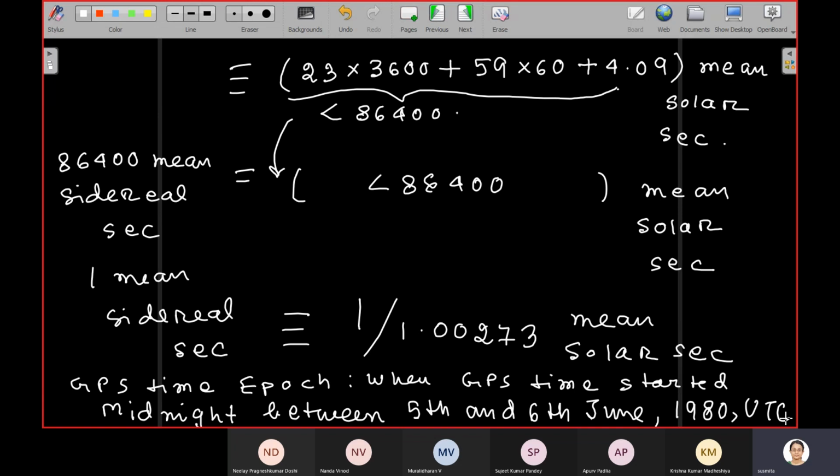So this time is the GPS time epoch. Since then, GPS has undergone two rollovers. The last one was in 2019.